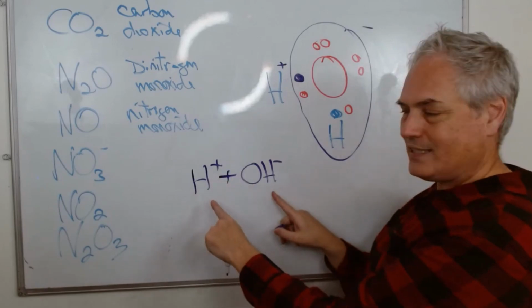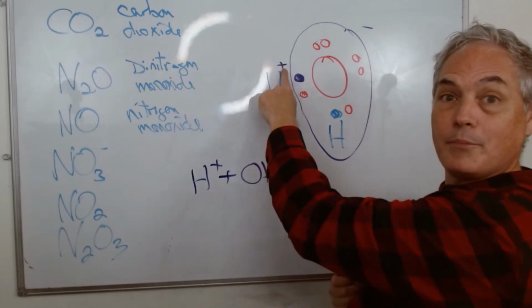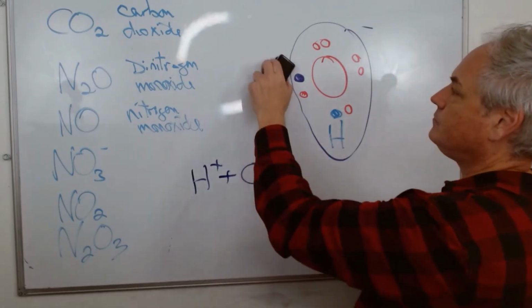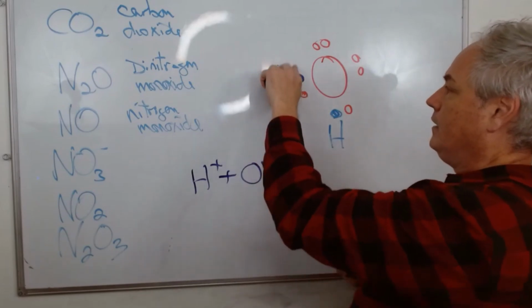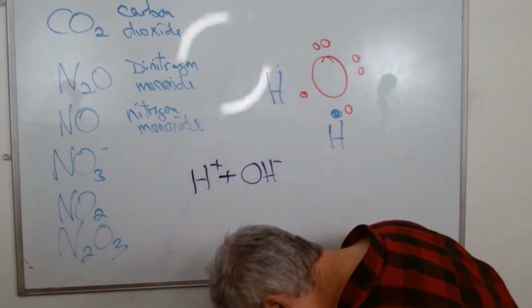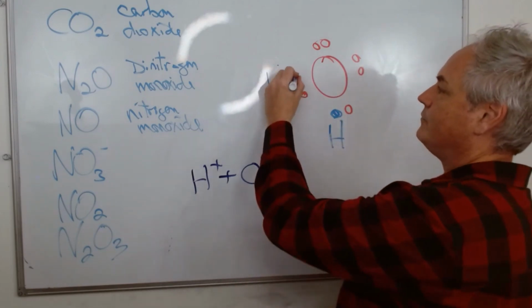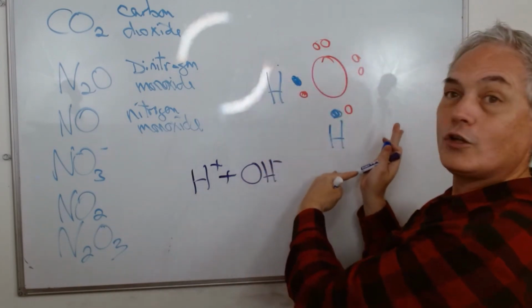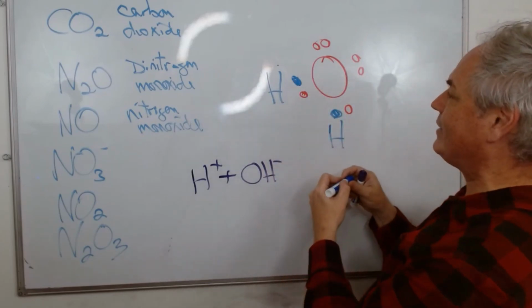As soon as this is like this, this positive hydrogen says, okay, I'm positive, I want an electron again. So we have the blue here. We have this hydrogen calling for electrons, but the oxygen still wants to have its electrons.